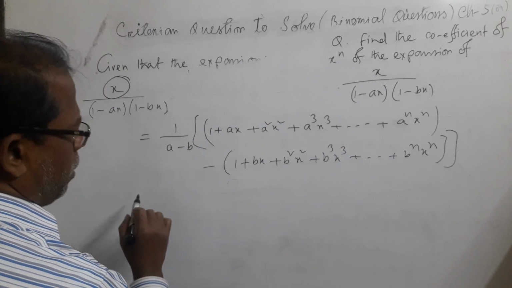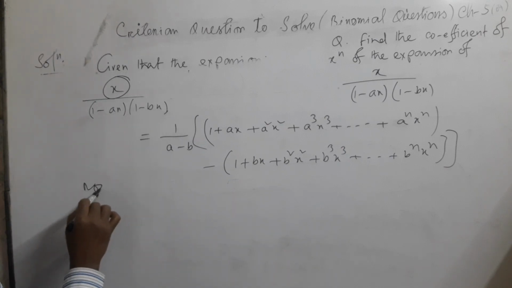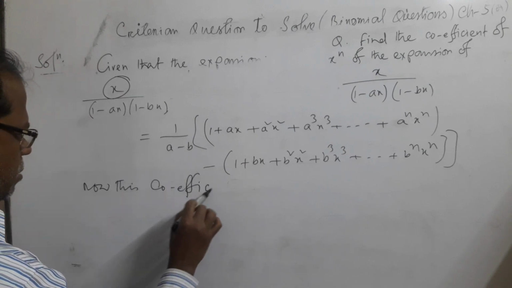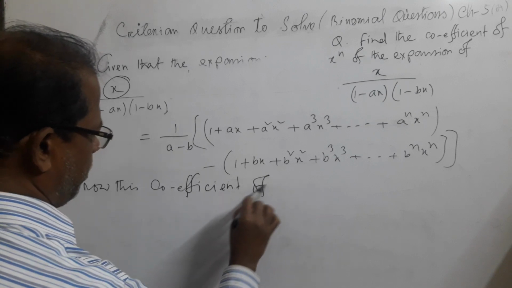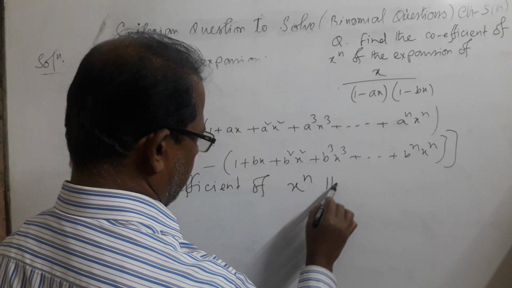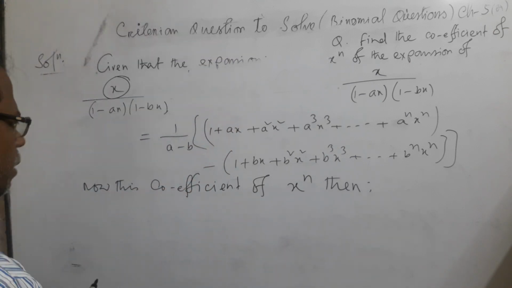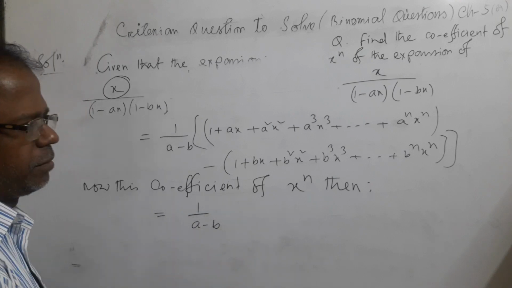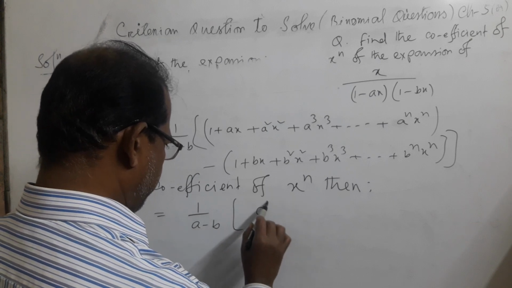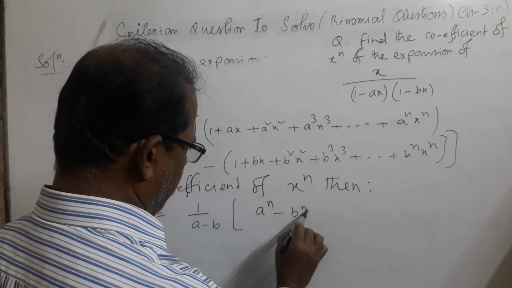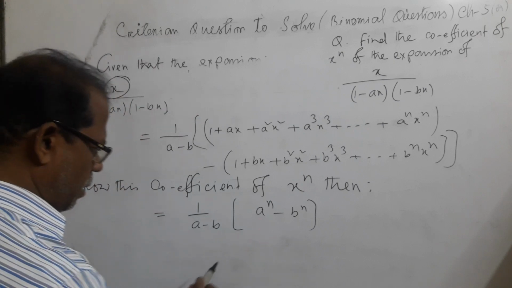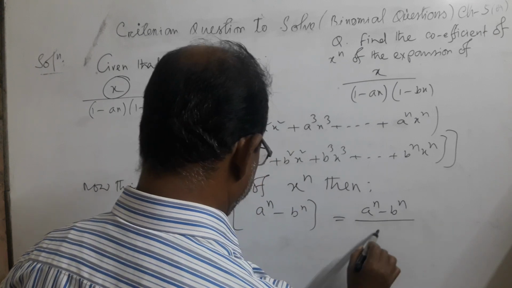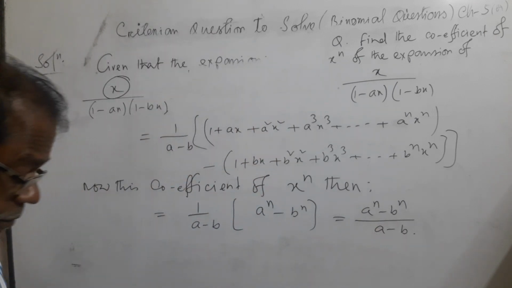Now the coefficient of x to the power n is 1 by a minus b times a to the power n minus b to the power n, that is a to the power n minus b to the power n divided by a minus b.